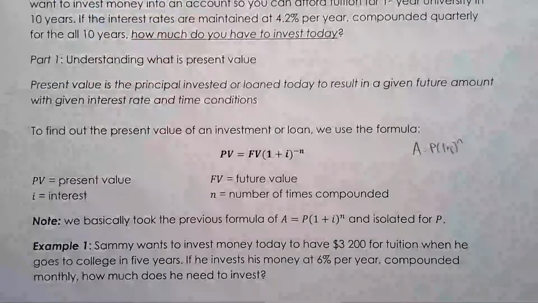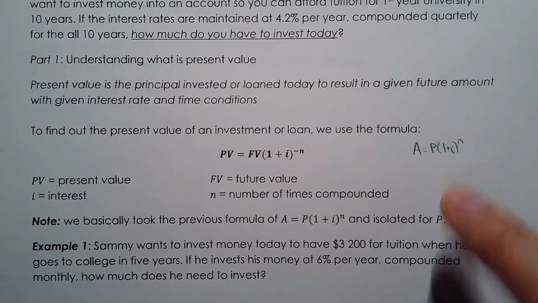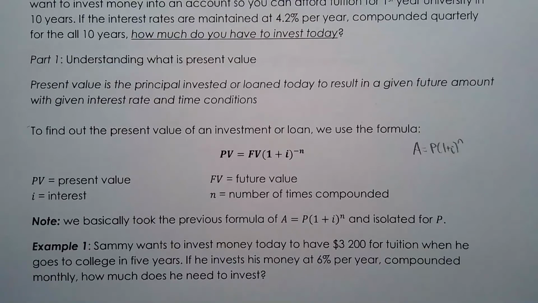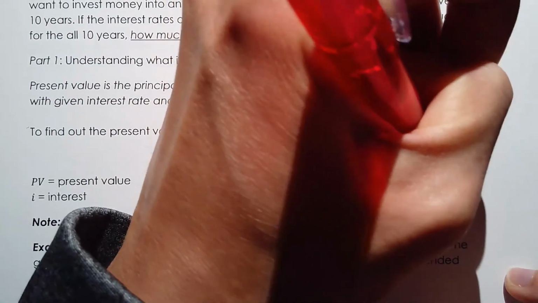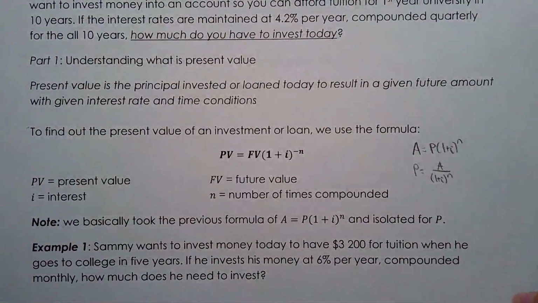What we really did was take our compound interest formula and just isolate it for P, because you want to know the amount you need today to make something happen in the future. So divide both sides by all of 1 plus i to the power of n. And there you go. That will find you the present value.